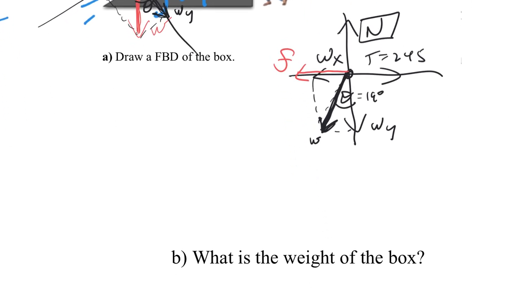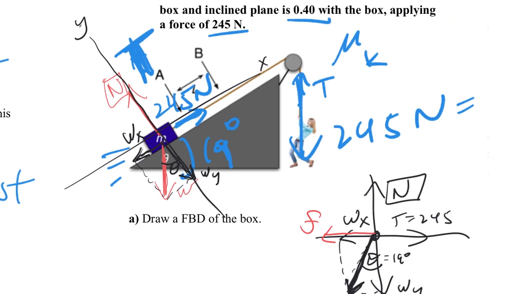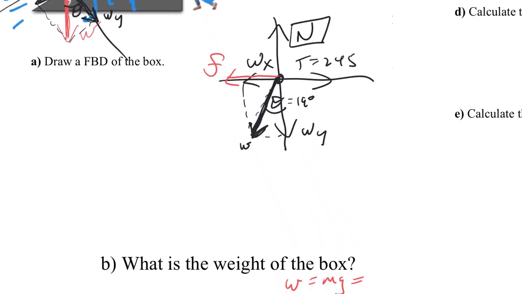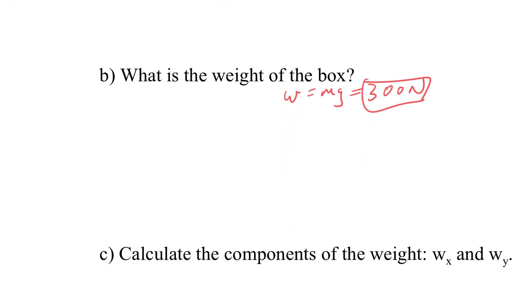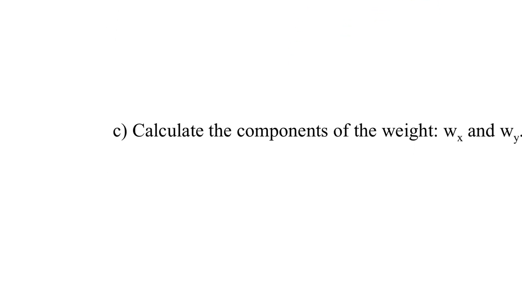Now, ready to go. What's the weight of the box? W equals mg. The mass is given as 30 kilograms, so it's 300 newtons. Calculate the components of the weight, Wx and Wy. Wx equals W times, usually it's cosine of theta, but the angle's from the y-axis.